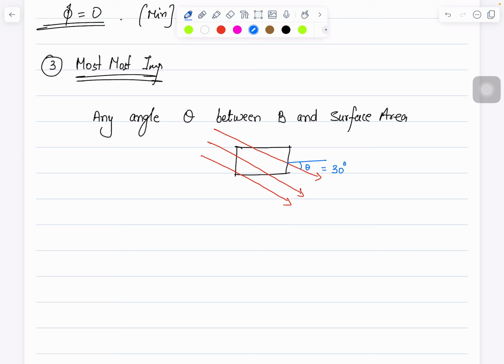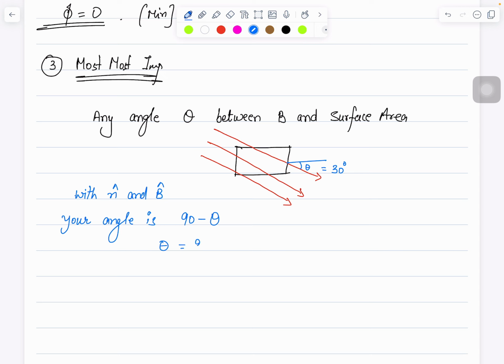So where is the N cap? Where is the N cap? Or what is the real angle you are going to use? So with N cap and B cap, your angle is 90 minus theta. So if 30 is given, what you need to do?